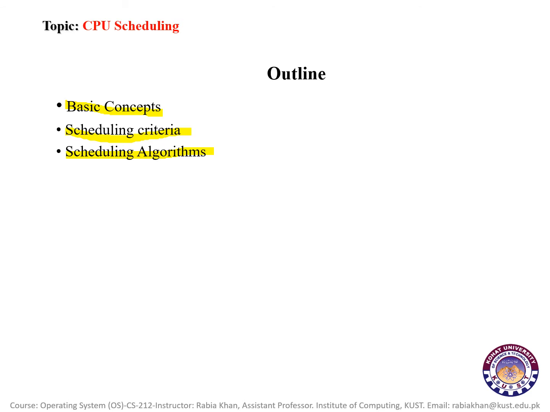So these were the 2 algorithms that we discussed, and we had seen that shortest job first is quite optimal as compared to the first come first served algorithm, and the preemptive version of shortest job first is more optimal than its non-preemptive version. Now let's proceed with today's discussion.